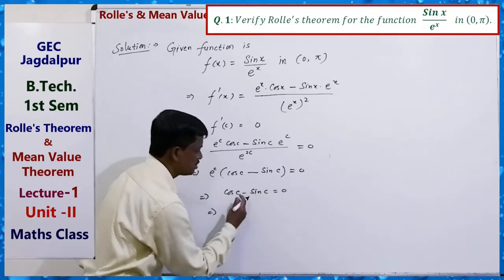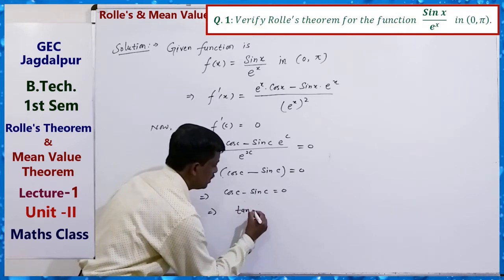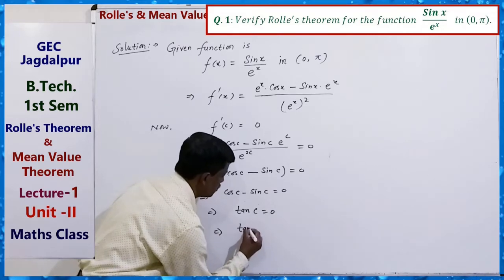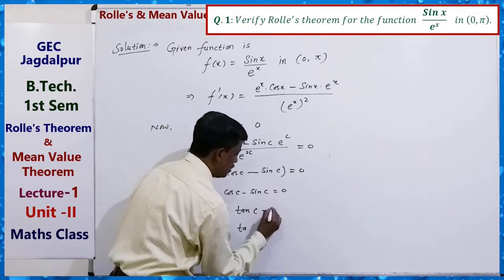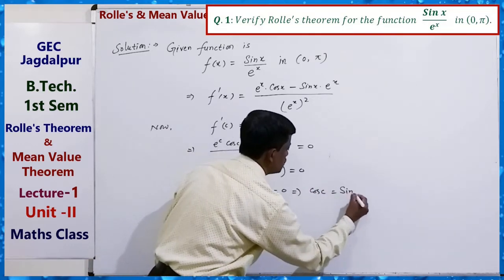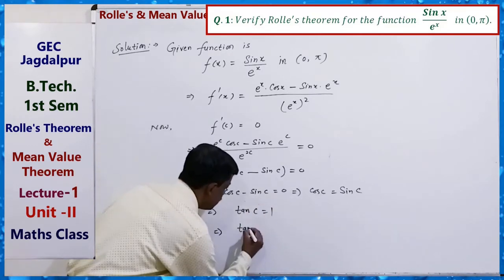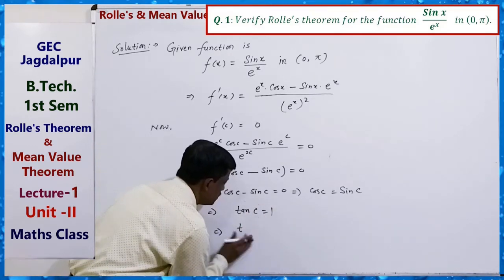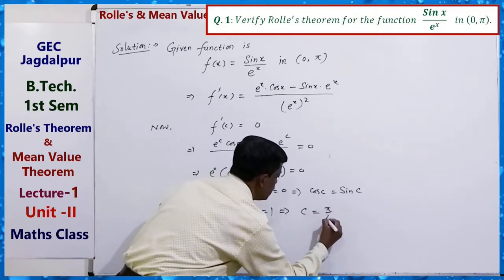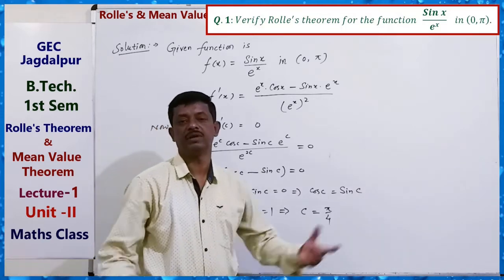That is cos c equal to sin c, so sin c by cos c equals tan c equals to 1. So tan c equals to 1 means what? This means c equals to pi by 4. Tan pi by 4 equals to 1.